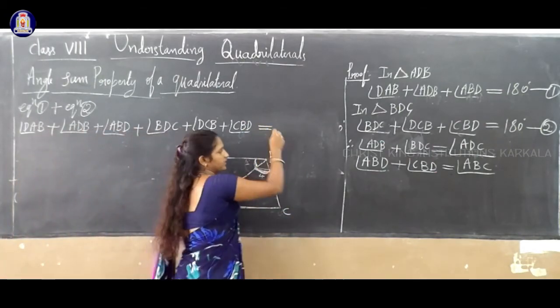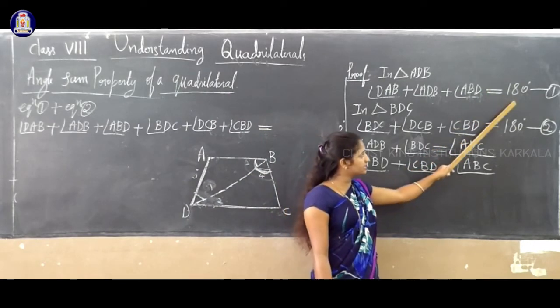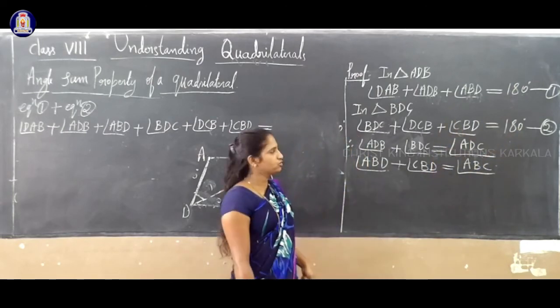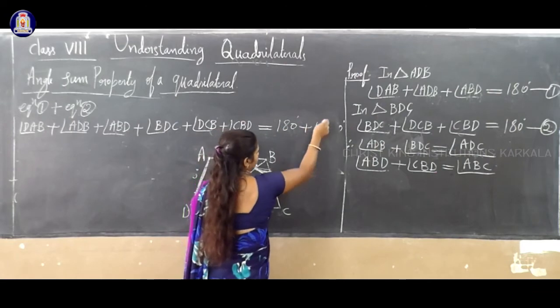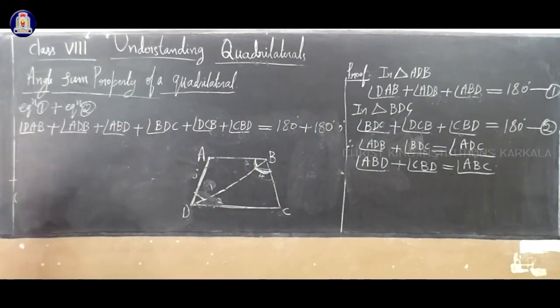So now add the right hand sides, equal sign. Equal sign in equation number 1 and 2. The right hand side is 180 degree and equation number 2 also 180 degree. So you have to add 180 degree plus 180 degree. Now see the left hand side.